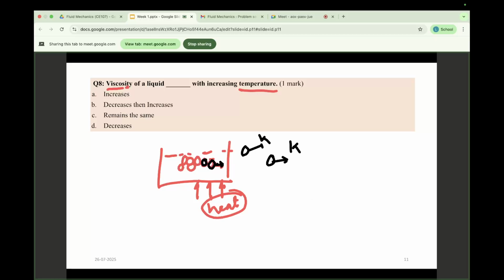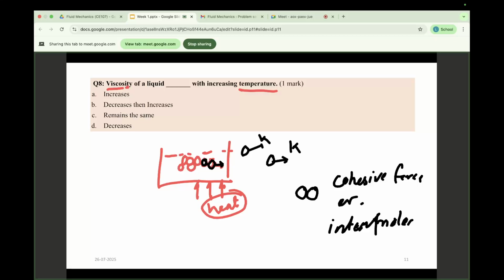If separation is there, the intermolecular interaction, that is the cohesive force between two particles, will reduce, right? Why will it reduce?